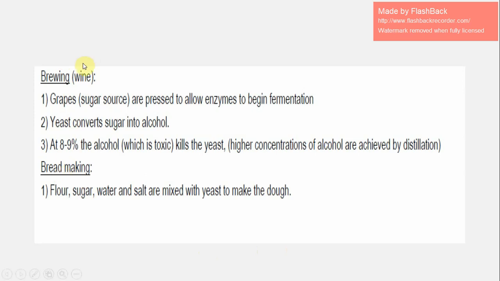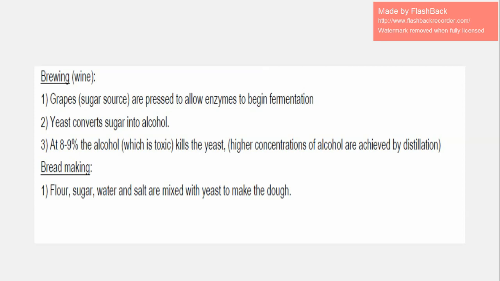In brewing, they expose grapes, which are a sugar source, for yeast to feed on. As we know, yeast is a living microorganism, so it needs to respire, it needs to eat, it needs to take nutrients. So yeast cells take sugar from grapes or from other fruits, but mainly grapes.